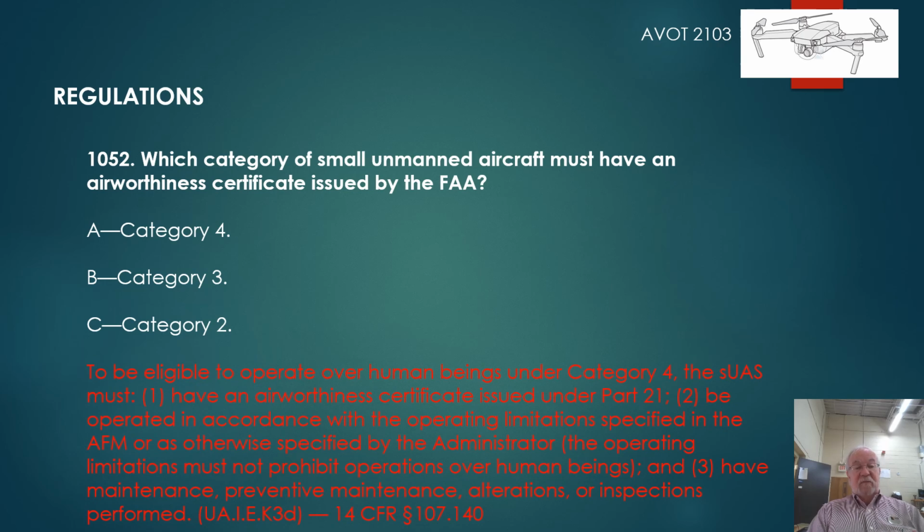And we can use process of elimination as well. Category 2 and 3 are just about the weight of the aircraft. The manufacturer has to do that. I'll give you a pause for a second to let you read that.